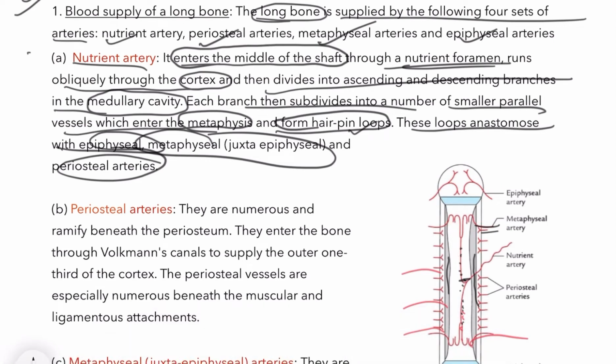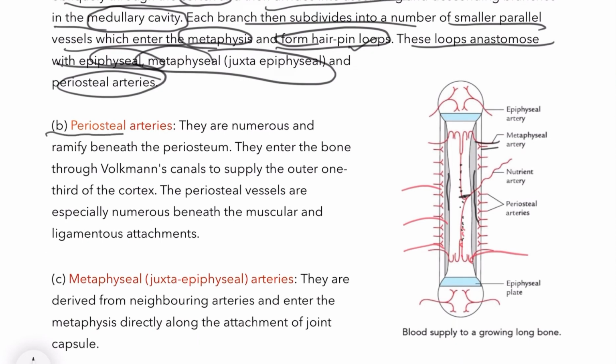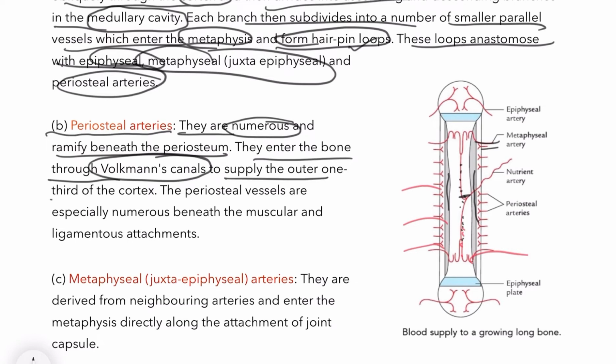Now next, periosteal arteries. They are numerous and ramify beneath the periosteum. They enter the bone through Volkmann's canal to supply the outer one third of the cortex. The one third part of the cortex, that is this much, is given by periosteal arteries, which enter through Volkmann's canal.